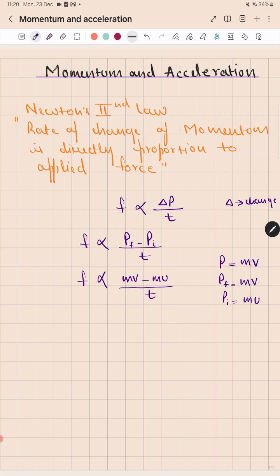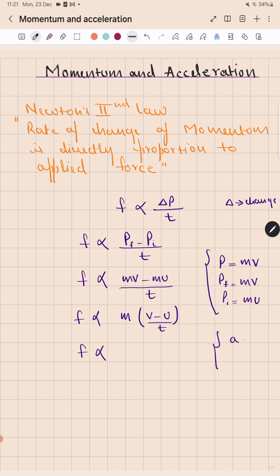There's one thing looking common here, that is m. Can we take m as common? Yes, because we have m here also. So I'm taking m as common, so it will be v minus u over t. Now there's one interesting thing here: what is the formula of acceleration?